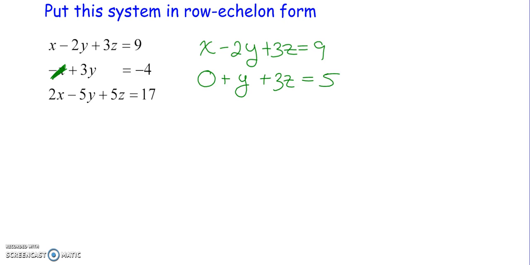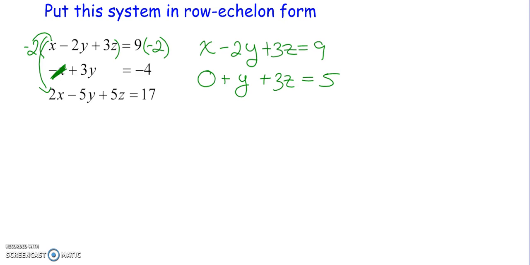All right, the next spot is we want to get 0 here. But obviously adding x and 2x isn't going to get me there. So what I'm going to do is multiply this top equation, both sides, by negative 2. If I do that and then add it to the bottom, I will get everything to cancel out.